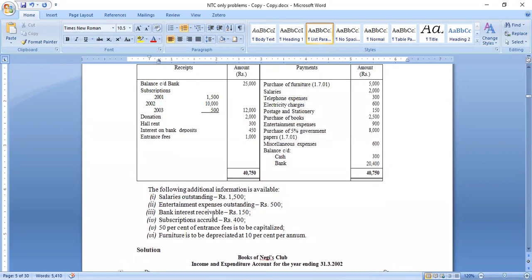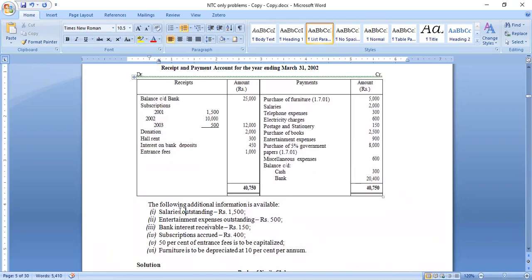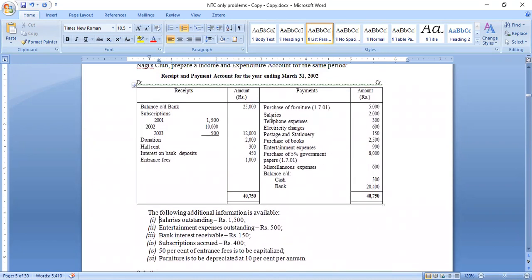So let us start. Before starting, I'll just put a star mark for each and every adjustment, for my convenience. So salaries, first adjustment, salaries, and entertainment expenses, and bank interest receivable.